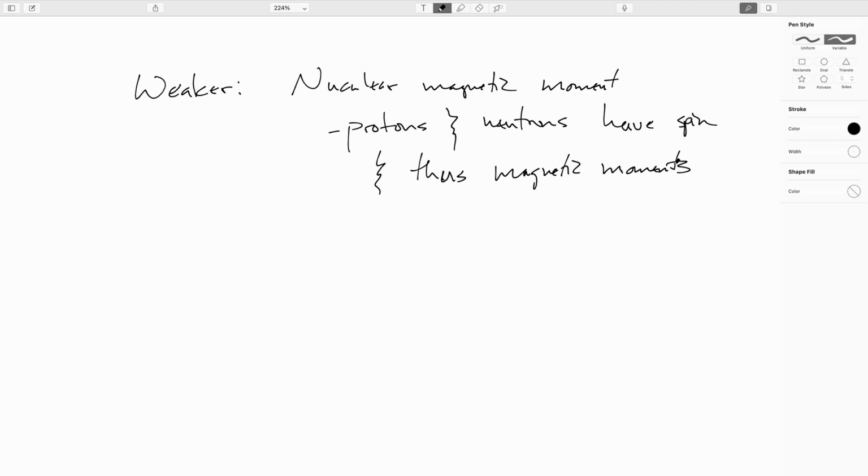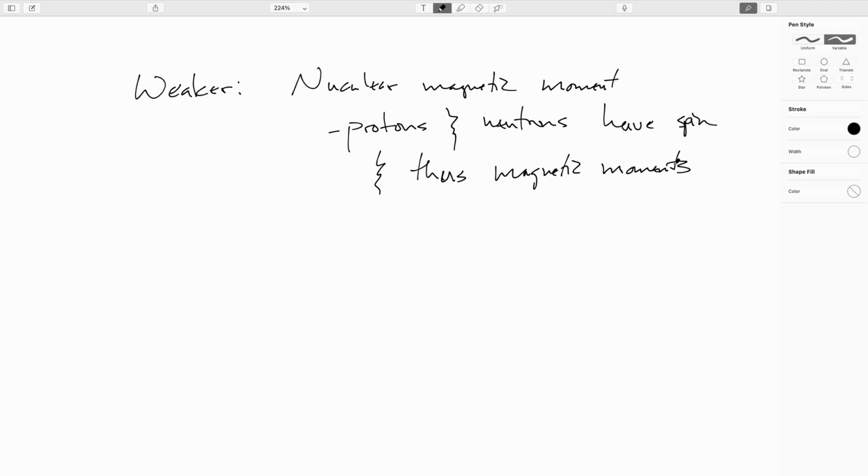Anyway, it turns out that protons and neutrons are made of combinations of 3 of these quarks. With a proton, you have 2 what are called up quarks and 1 down quark. They both have electric charges and spins, and thus magnetic moments. And same thing with the neutron. The neutron is 1 up and 2 down quarks.